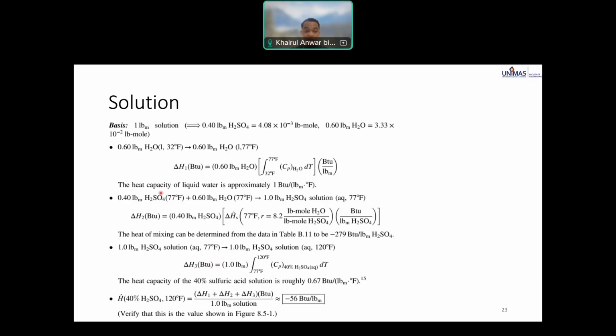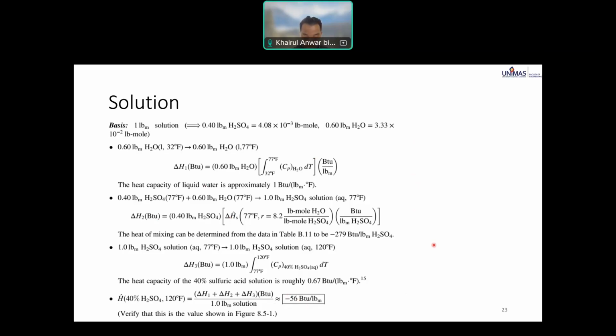So adding up delta H1, delta H2, and delta H3, the enthalpy of 40% H2SO4 at 120 degrees Fahrenheit is approximately negative 56 BTU per pound mole. This is the traditional method to calculate.